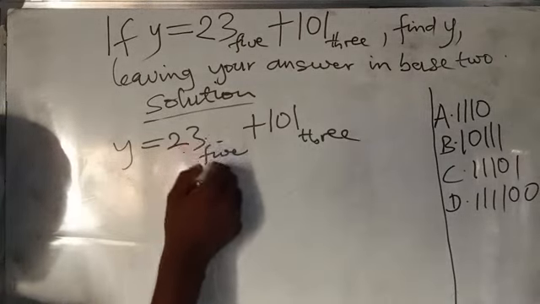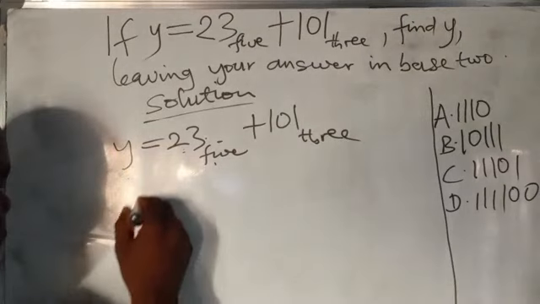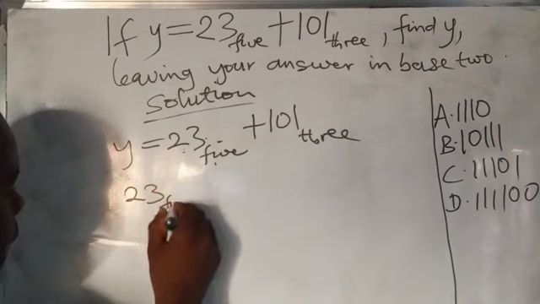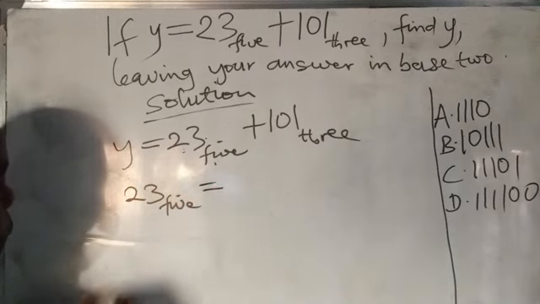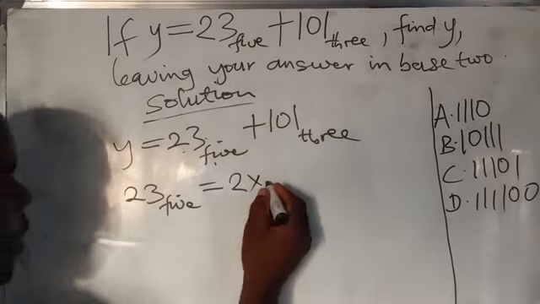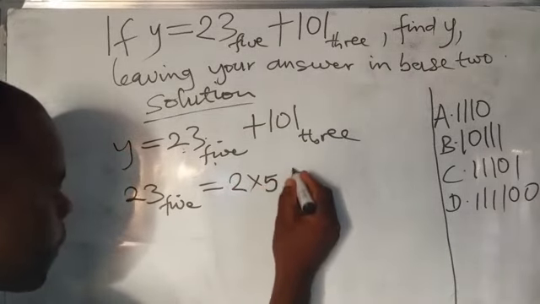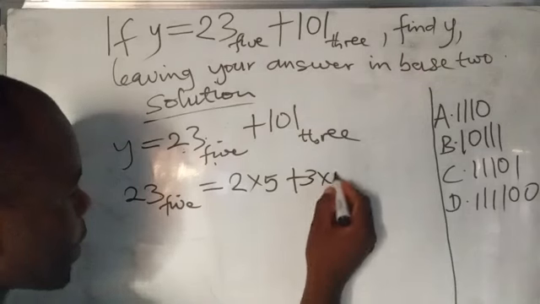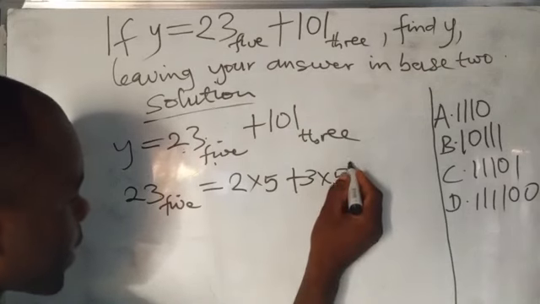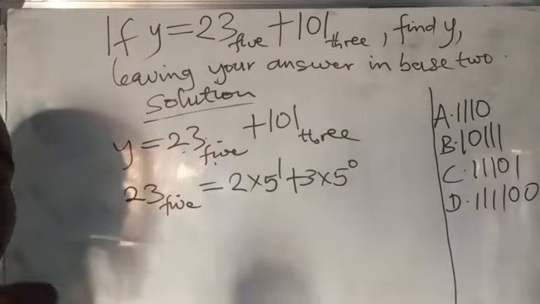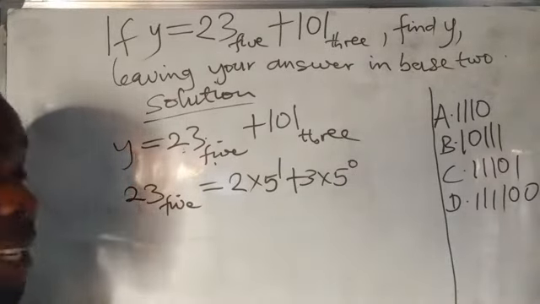Let's convert 23 base 5 to base 10, so that we have 2 times 5 plus 3 times 5, starting the powers from 0, 1. If you go through our previous class, you understand this better.